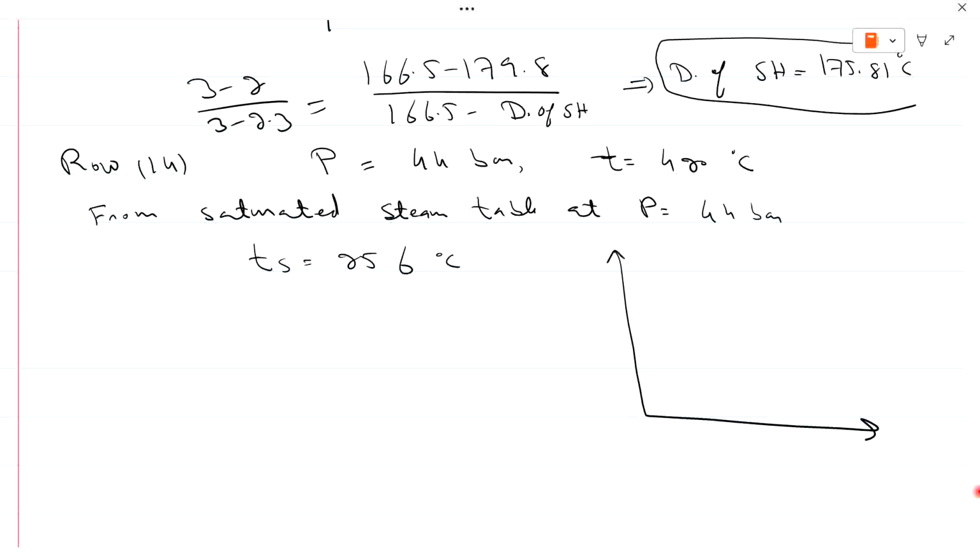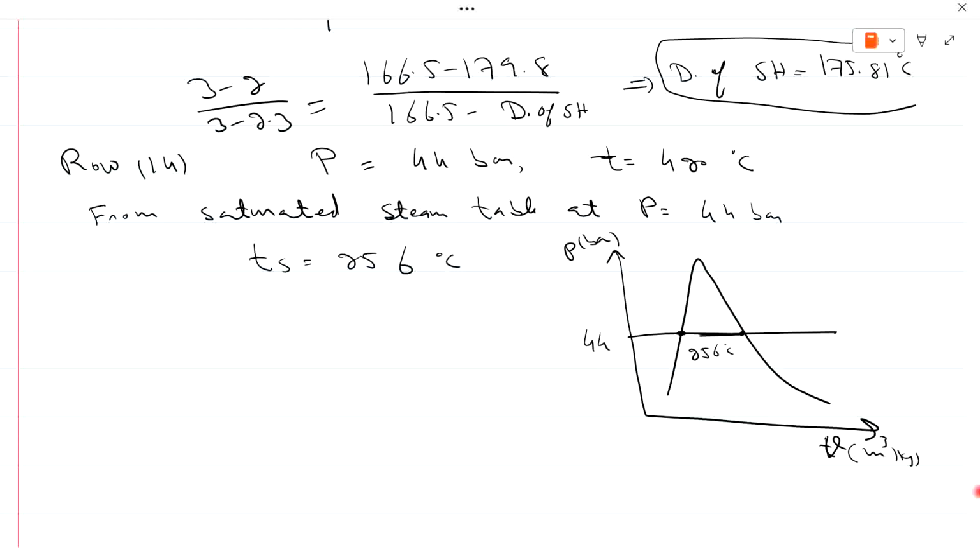So this is pressure in bar, this is temperature, and this is specific volume in meter cube per kg. This is the saturation curve. Let's suppose this is pressure 44 bar, a constant pressure line. Saturation temperature means the temperature in this region is constant, which is 256 degrees centigrade.